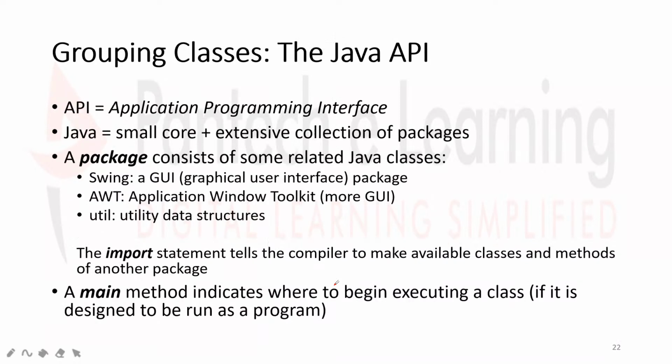Then we need to group the classes using the API. If you are using n number of classes in your program, we use the API, that is the application programming interface, and we can group all the classes together, then run the code. It is like a small piece of code or an extensive collection of packages. Generally we use some packages in Java.